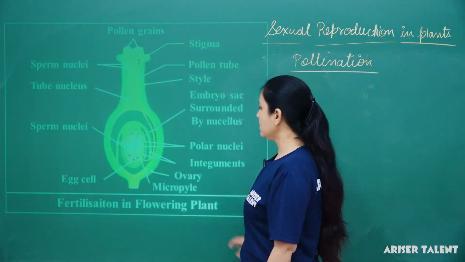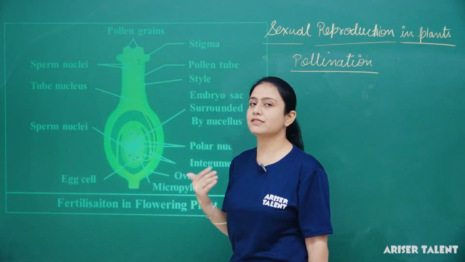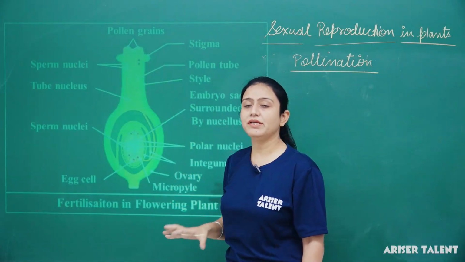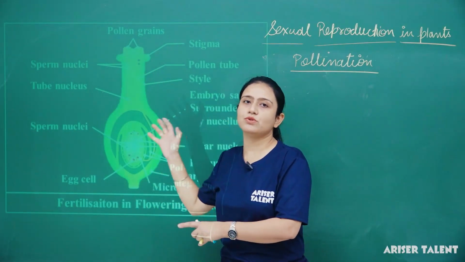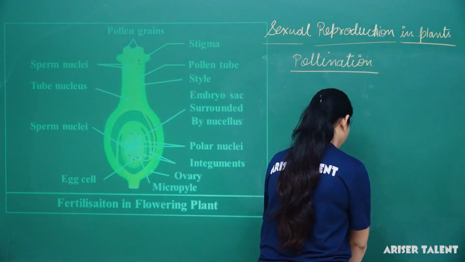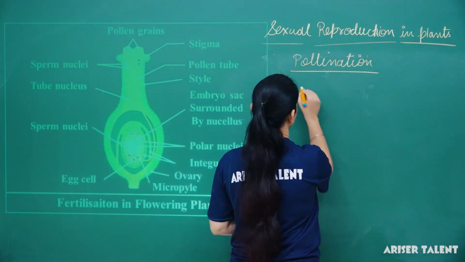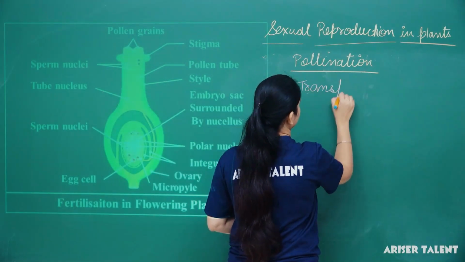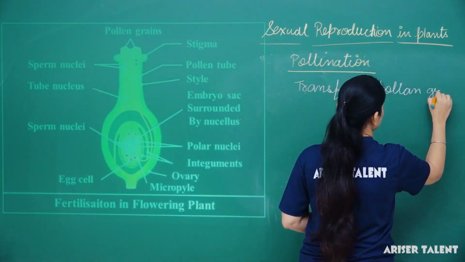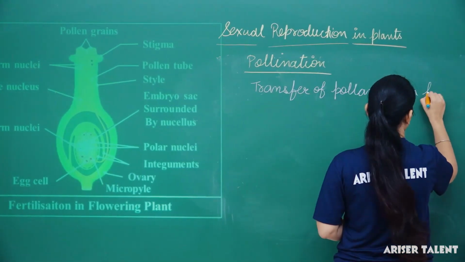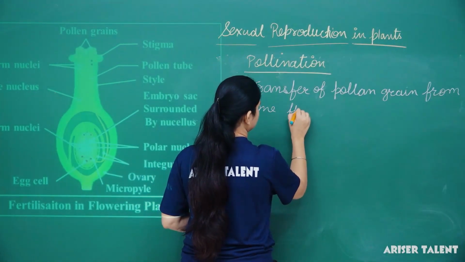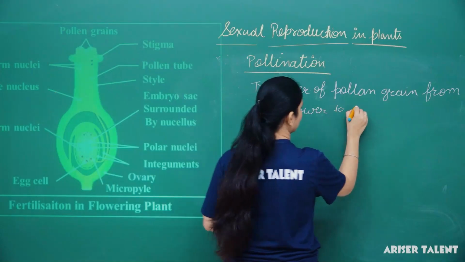Here we can see this is the complete process of pollination as well as fertilization. Pollination means transfer of pollen grains from one flower to another.